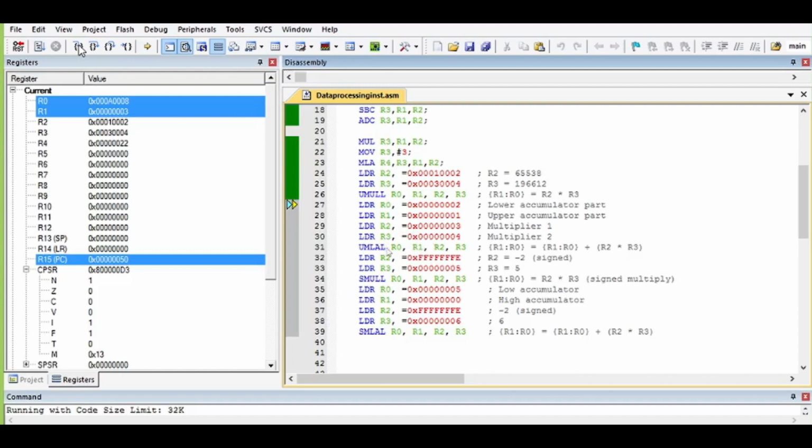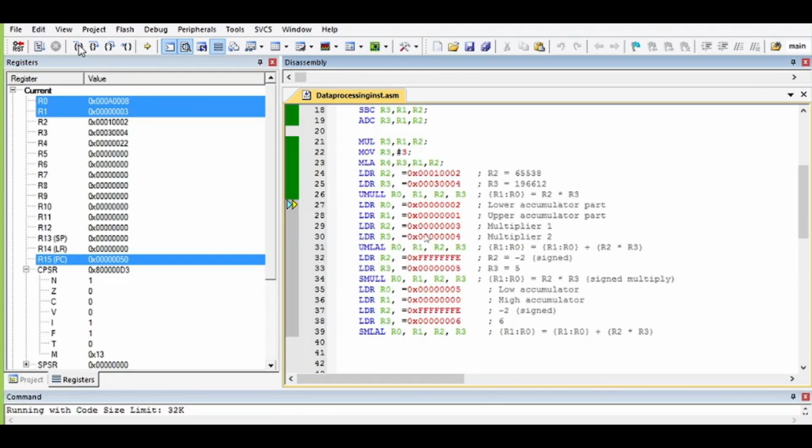R0, R1 actually forms 64-bit data. We are adding the 64-bit data to the result generated from R2 and R3. And the final result which is generated is again stored in R1 and R0 in such a way that the higher 32 bits are stored in R1 and the lower 32 bits in R0.